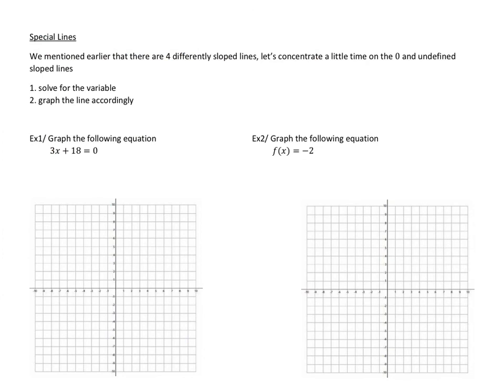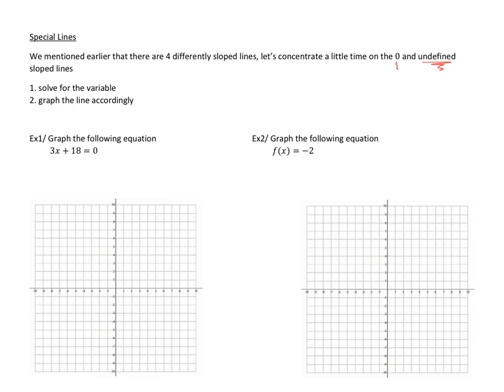We mentioned earlier that there are 4 differently sloped lines, and we've seen some negatively and positively sloped lines on the last page. Let's concentrate a little bit on the 0 sloped lines and the undefined slope lines. One thing I hope you'll notice is that in these examples, each function only has one variable.